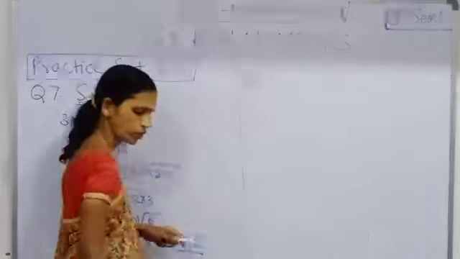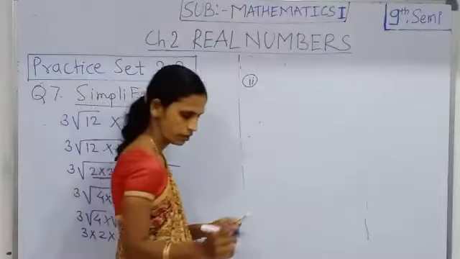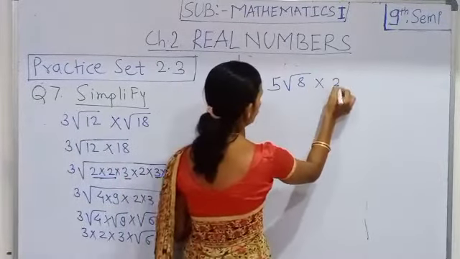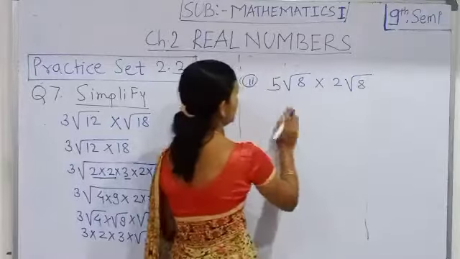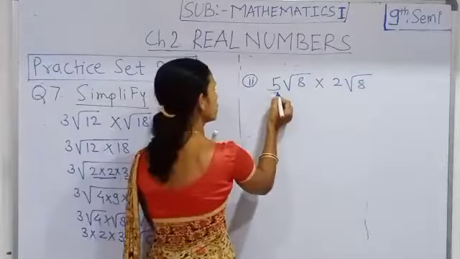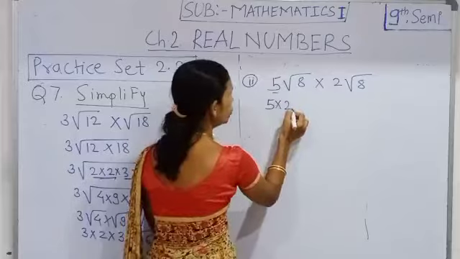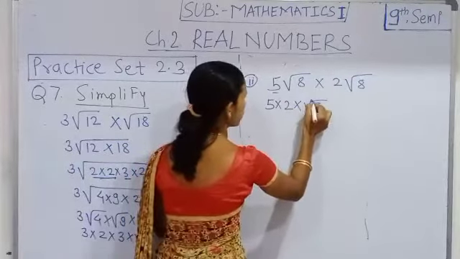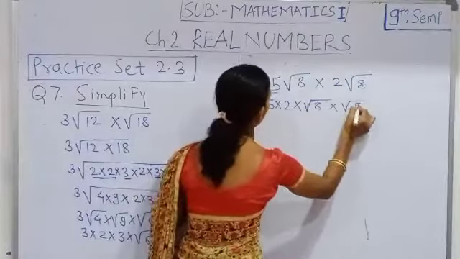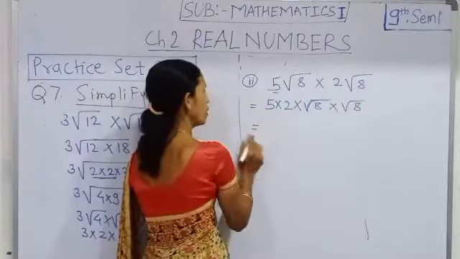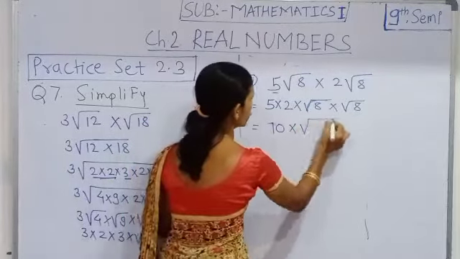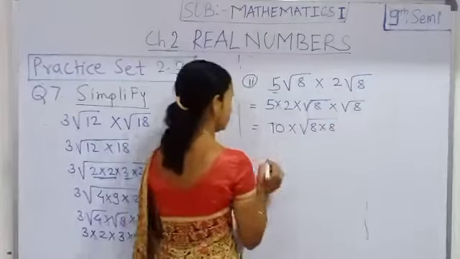Then one more example given here is 5 root 8 into 2 root 8. See here, 5 into 2 into root 8 into root 8. Then we write 5 into 2, that is 10, into root of 8 into 8.